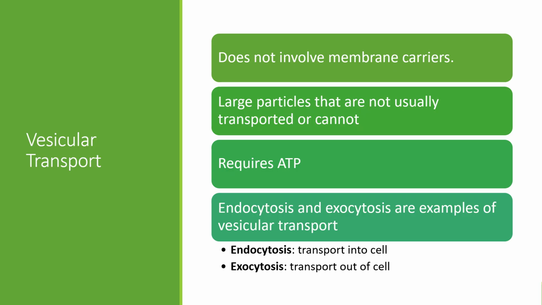Large particles are usually what we're talking about here, or liquids. This does require ATP, and the two examples we'll be talking about here are endocytosis and exocytosis. Endocytosis means to bring into the cell, so endo means into, cy means the cell, osis means the process of. So the process of bringing something into the cell, and then exocytosis, as you can imagine, is the process of transporting something out of the cell.